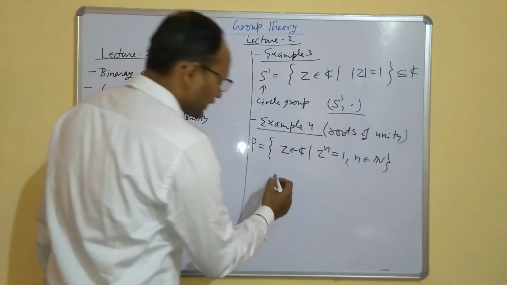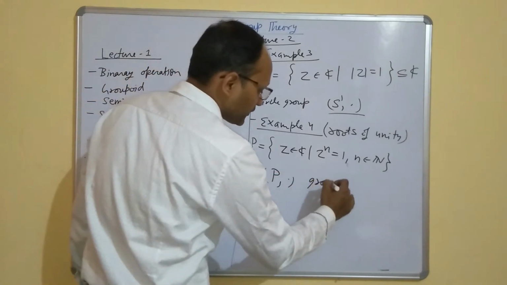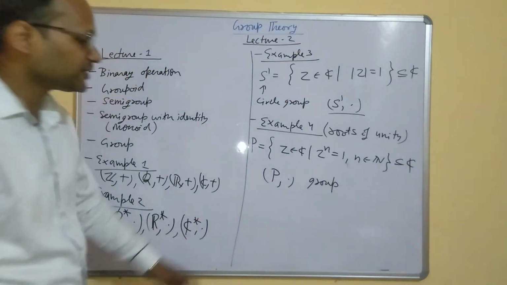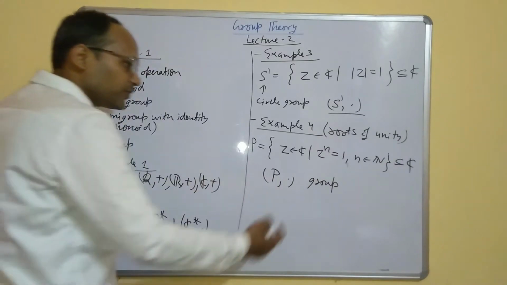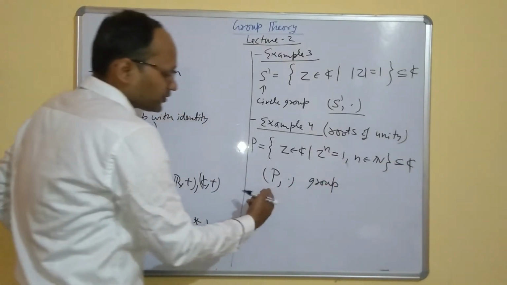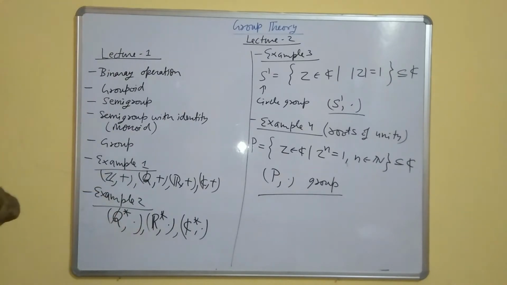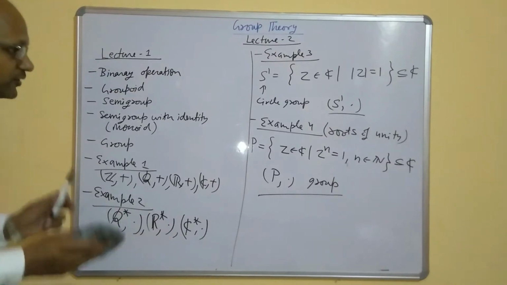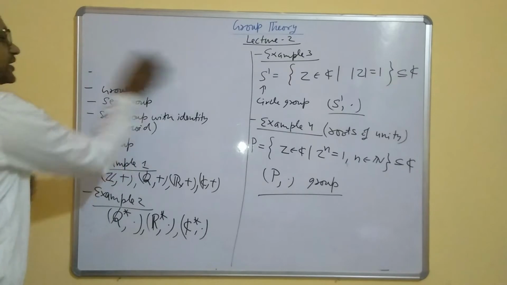So again, this set P with respect to dot is a group. You can see that this is a subset of complex numbers, so complex multiplication is here. Identity 1 will be here because that will be a root for some n. So this is a group which you have seen in the last lecture. Now come to the next example. So now we are beginning with our lecture 2.